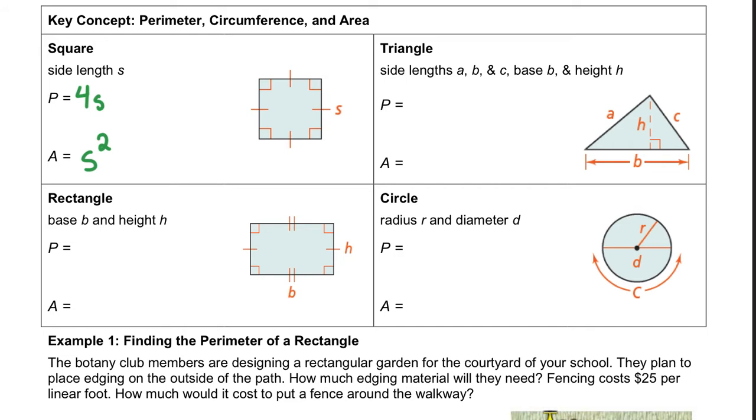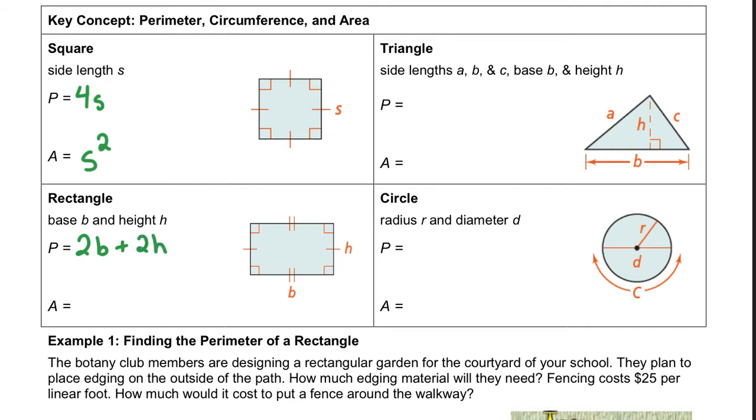Now in a rectangle, perimeter is a little bit different because 2 of the side lengths are the same, and the other 2 are the same length. So the perimeter of a rectangle would be base plus height plus base plus height, or length and width, however you want to think of it. But perimeter of a rectangle is 2 times one side plus 2 times the other side.